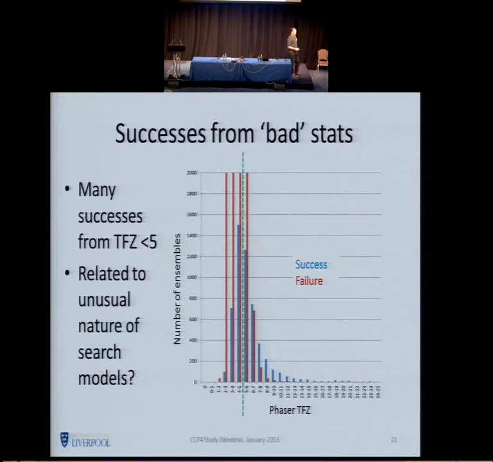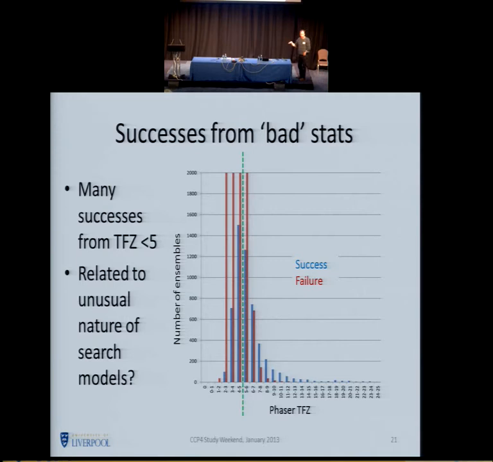This slide might actually be obsolete from what I understand about new developments in phaser, but just to show you and compare with a kind of general feeling in the literature, there's a rule of thumb that a TFZ of less than 5 is essentially not worth looking at.